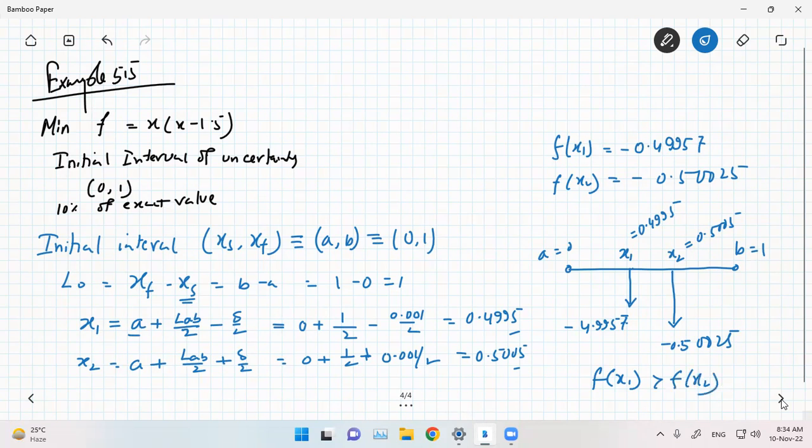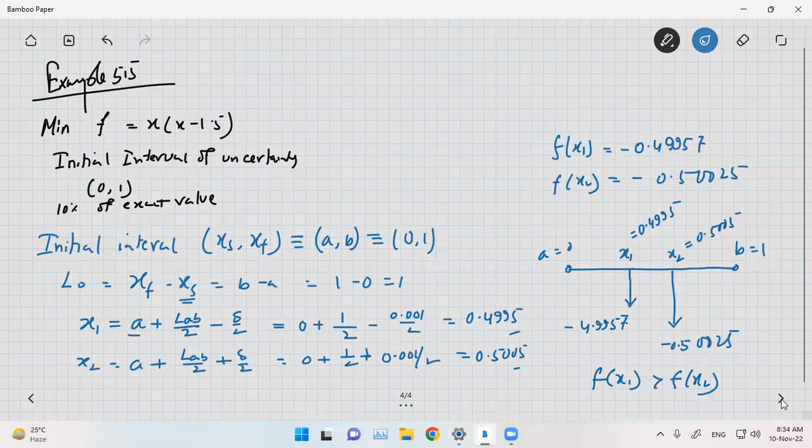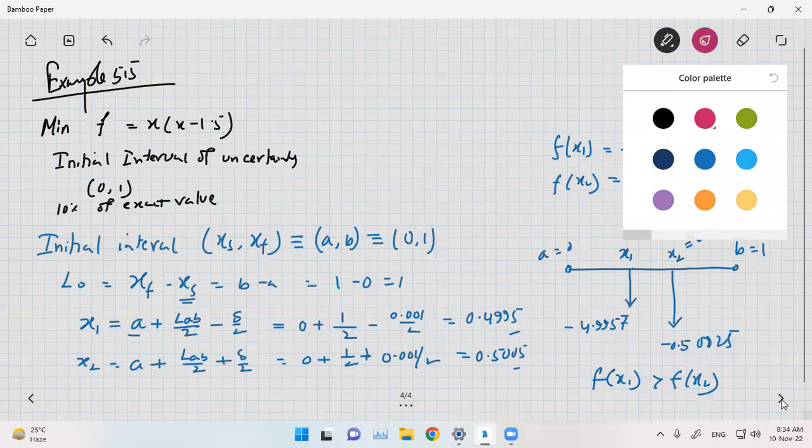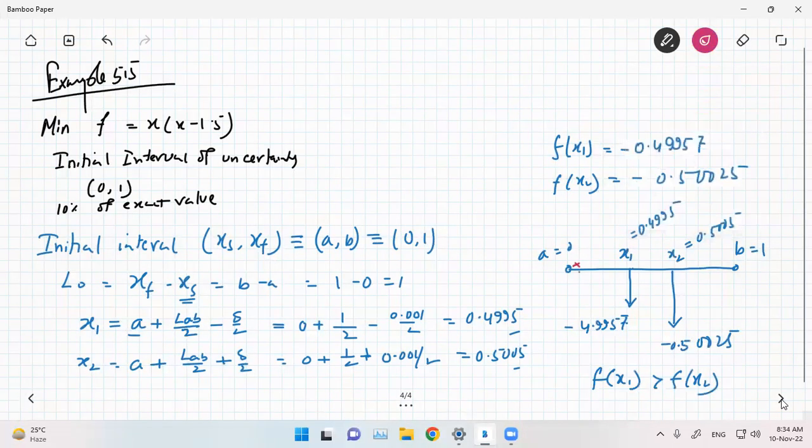Since it is a minimization problem, we have to discard this portion here. So this will give us the new interval.